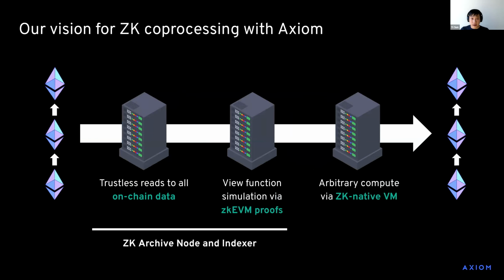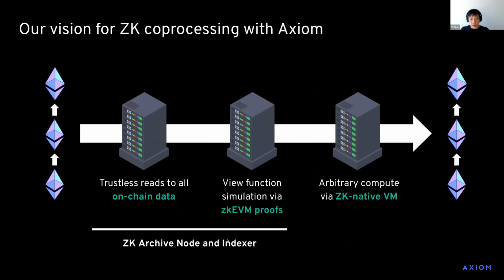So let me close by just talking about where we think ZK coprocessing is going. We're already offering trustless reads to all on-chain historic data. And we think the next step is to offer view function simulation by running a ZK EVM proof on top of the storage reads that we're already providing.